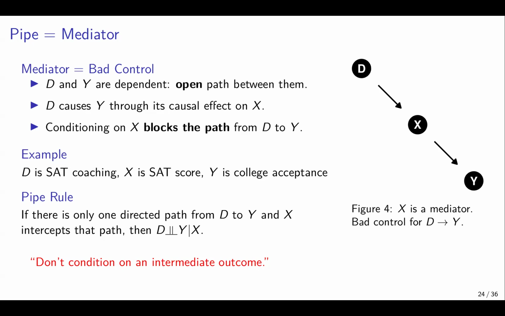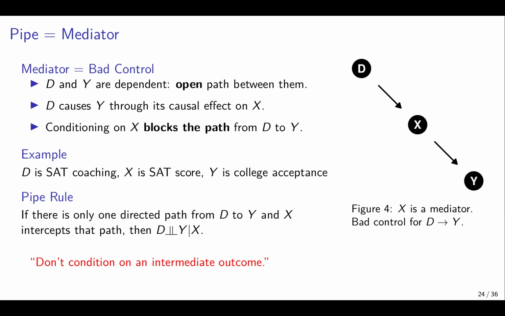So here's an example. Let's suppose that D is SAT coaching, so coaching on a college entrance exam. X is SAT score, and Y is whether or not you get into college. Well, maybe there is an effect of coaching on SAT score.